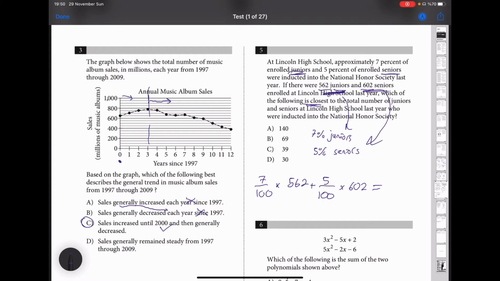Let's estimate it. This is approximately 5.6 times 7, which is like 42, 44 something. And the second part is 6 times 5. Approximately the answer should be 74. Closest one is 69.